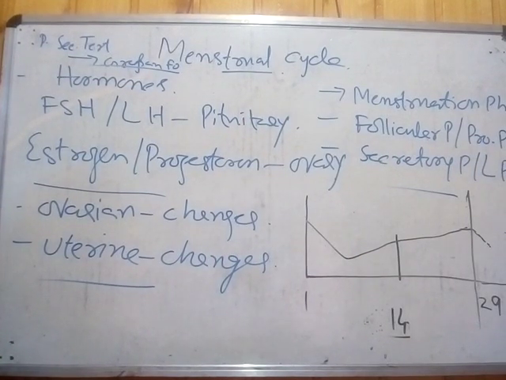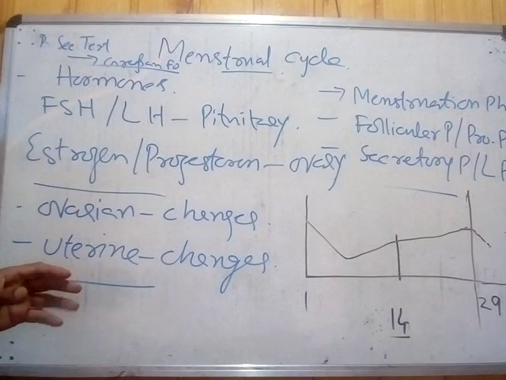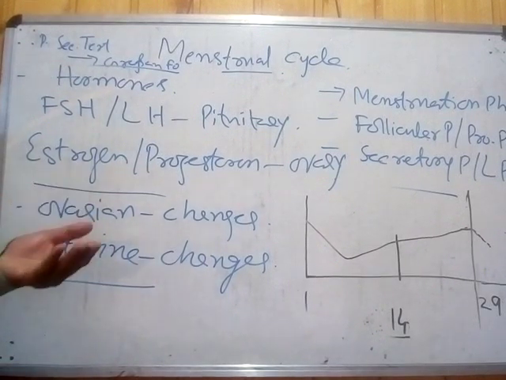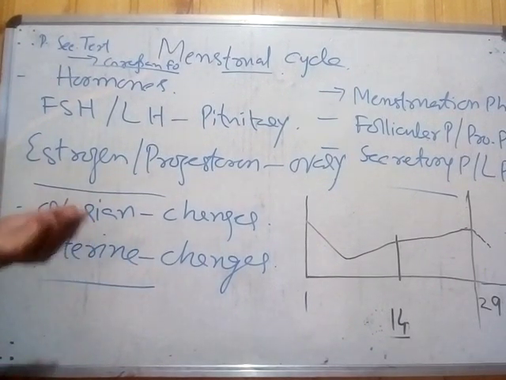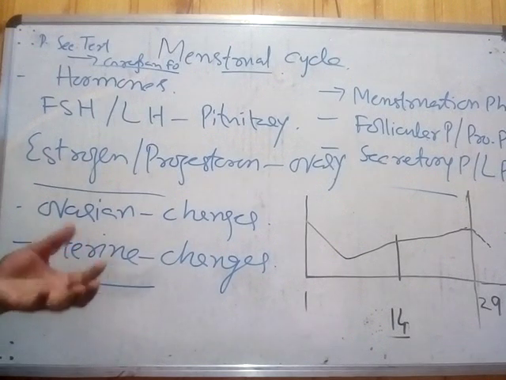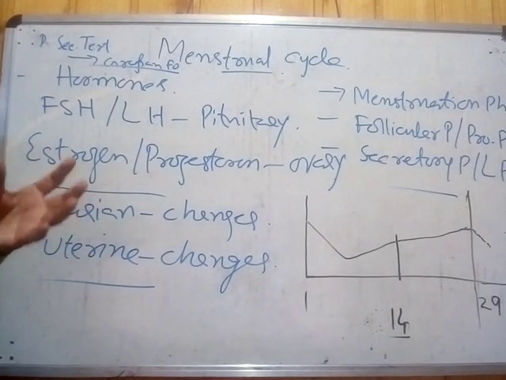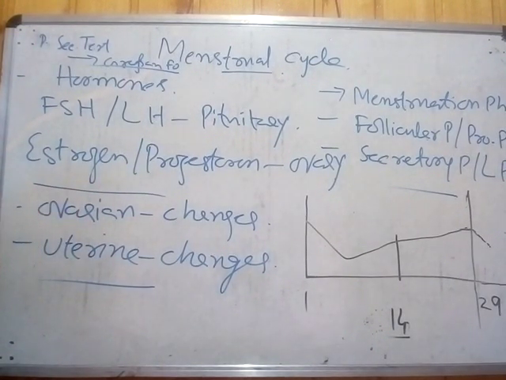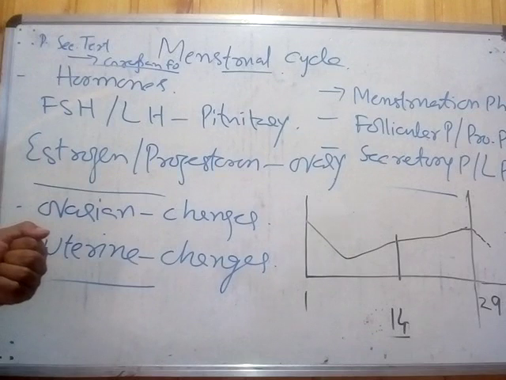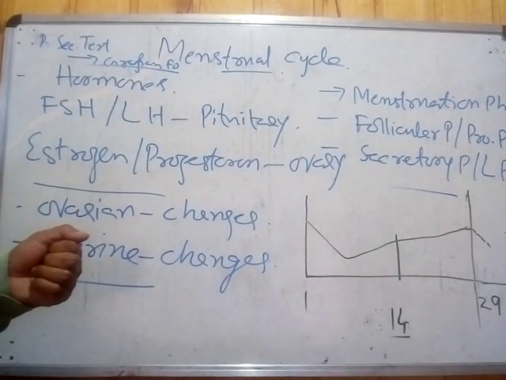Now, if this egg released from the ovary is obtained by the finger-like projections of the fallopian tube, its lifespan is 24 to 48 hours.